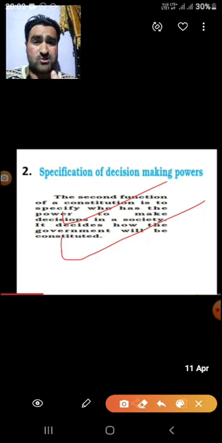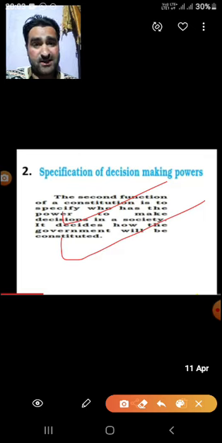So it is the constitution that will lay down the entire framework of who will make the decision and what are his limitations. It will also describe the checks and balances, like we see in the US. That is the first written constitution of 7,000 words, but it provides a beautiful system of checks and balances. So specification of decision making powers, and how the government will be constituted.